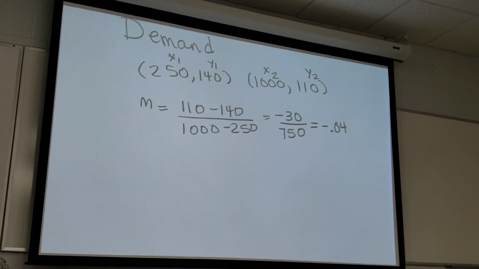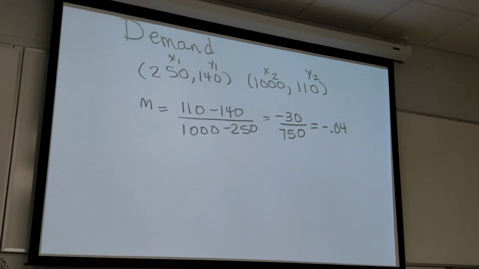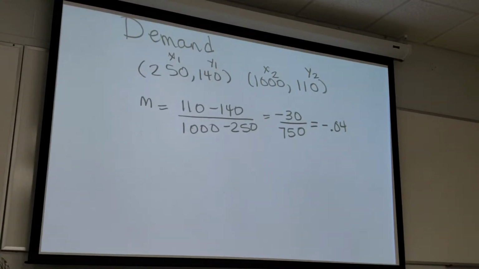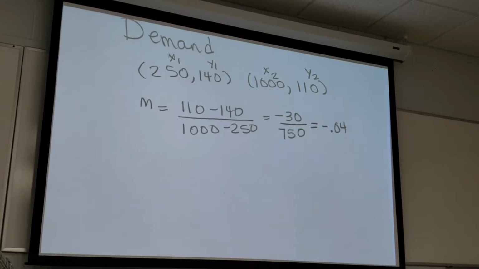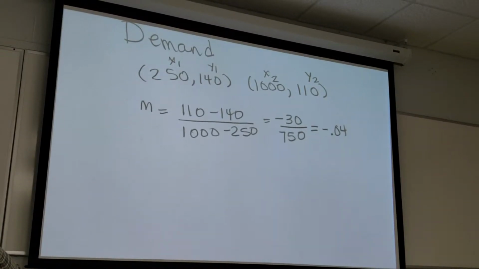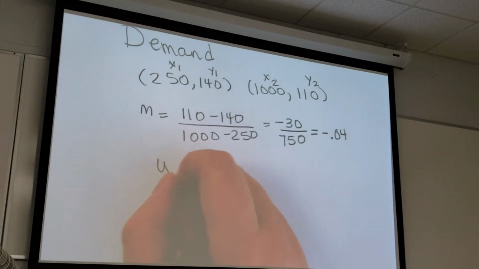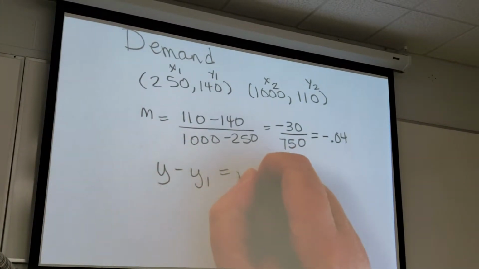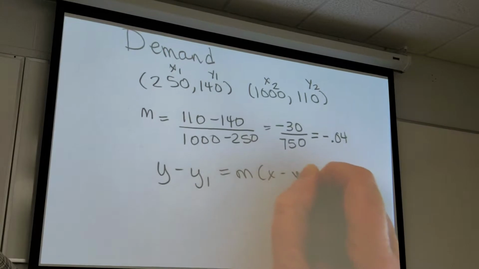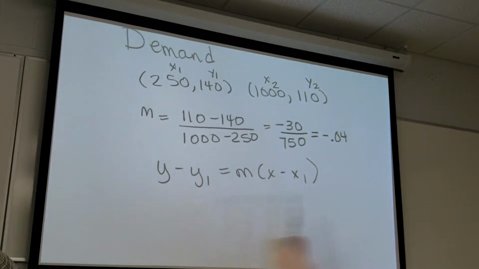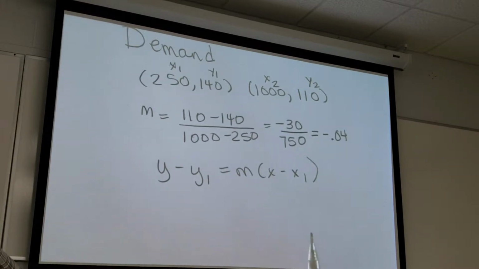Then I'm going to take my slope, okay, and a point, either point. Then I'm going to write my equation of y minus y sub 1 is equal to m times x minus x sub 1. This doesn't mean I have to pick the first of each one, it just means I have to pick one of those points.